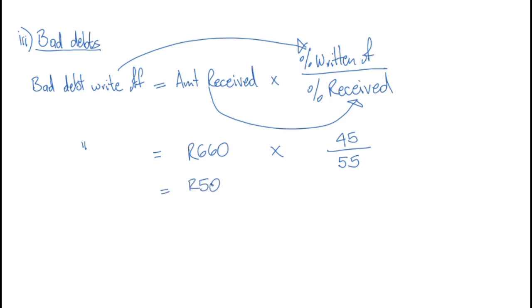This gives us an amount of 540. So 540 is the amount we are going to write off as bad debts from our debtors total.